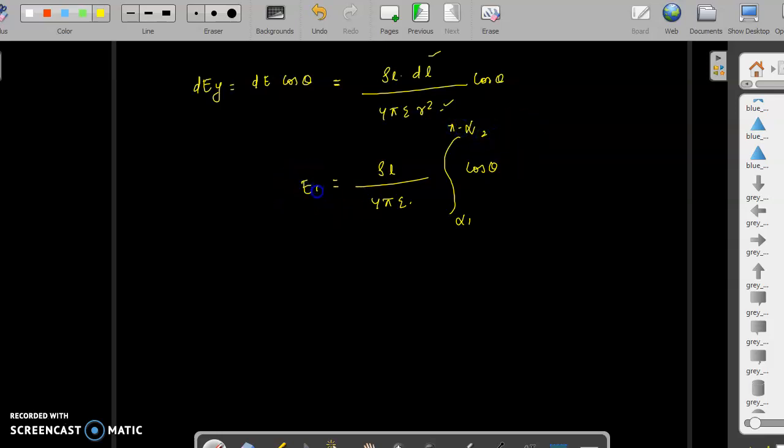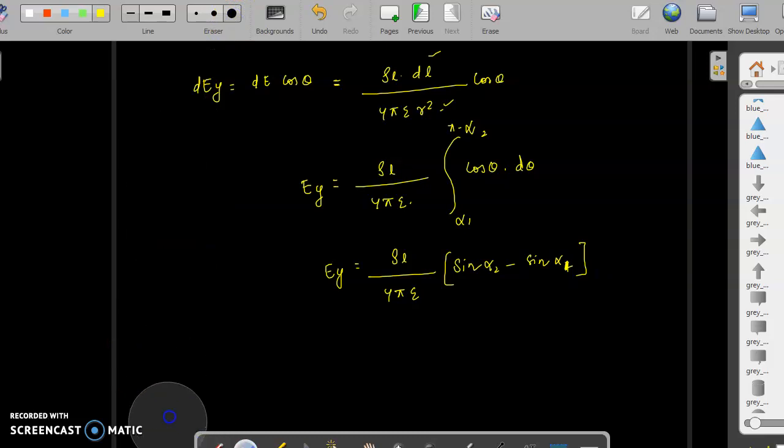This is Ey. So this becomes rho L over 4 pi epsilon h. The integration of cos theta d theta becomes sin theta. So when you substitute the lower and upper limits, the expression finally becomes sin alpha 2 minus sin alpha 1.